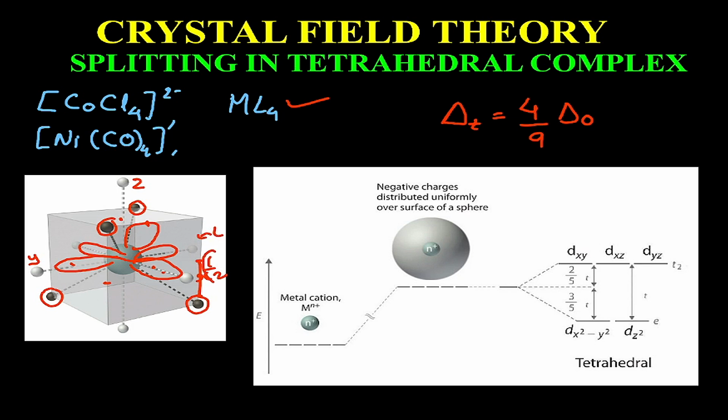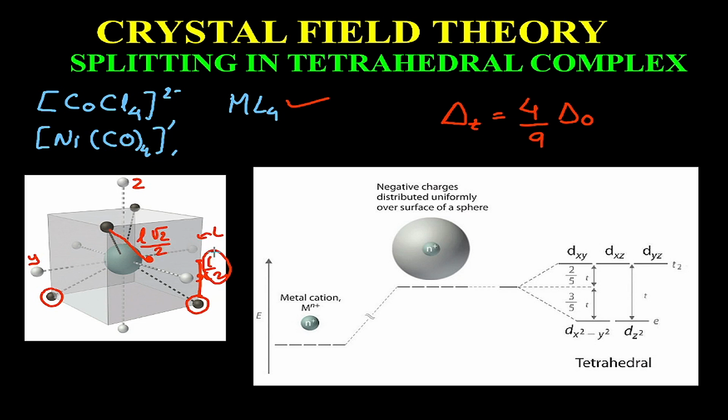If we look at the center point of the cube, the diagonal distance to the center of the face, where the orbitals lie, will be L root 2 by 2.